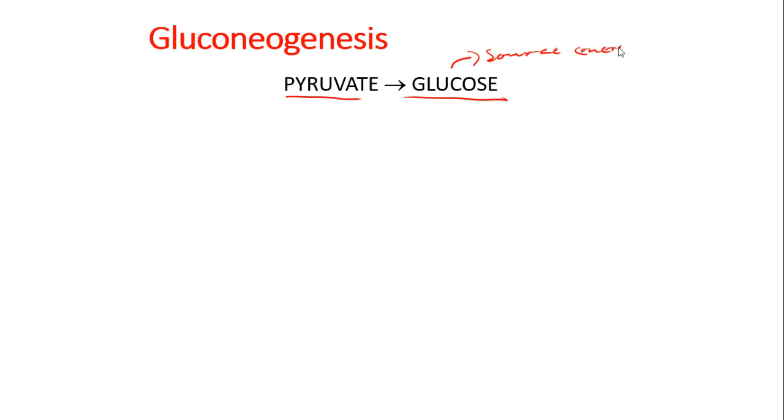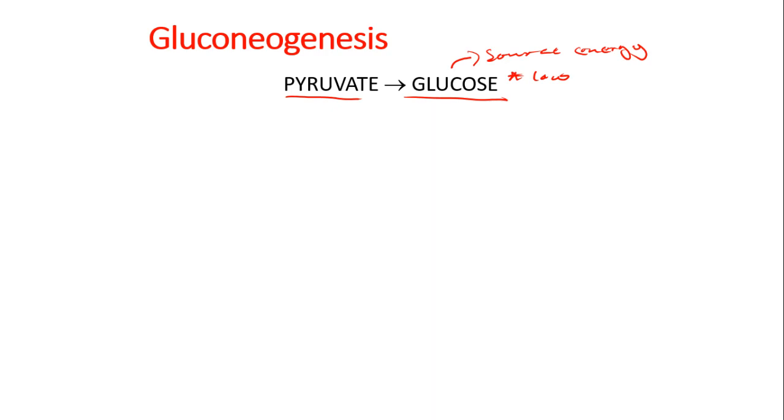So it's very important for us to understand when and why the process of gluconeogenesis takes place. The process of gluconeogenesis takes place because the levels of glucose have become low. When the levels of glucose are low in the body, cells will detect that, and they'll tell the body to start making glucose from pyruvate.